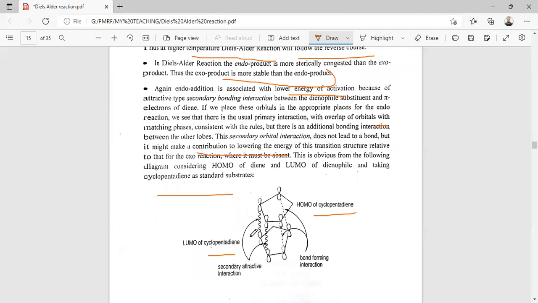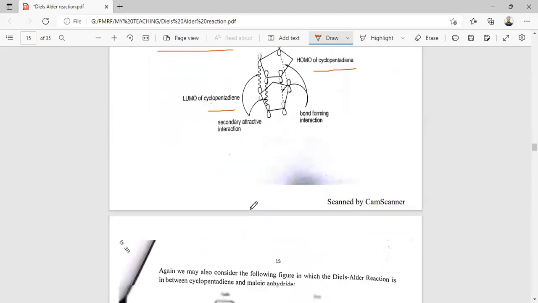Due to this secondary orbital interaction, which lowers the energy of the transition state, the endo addition product is more favored compared to the exo addition product.